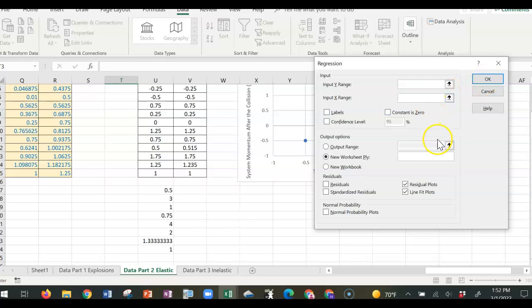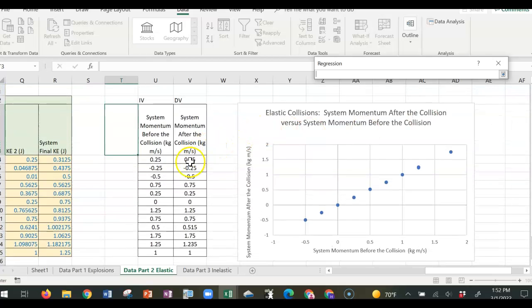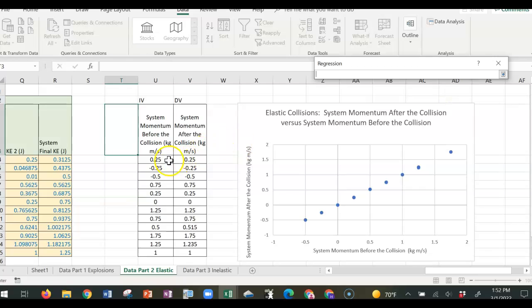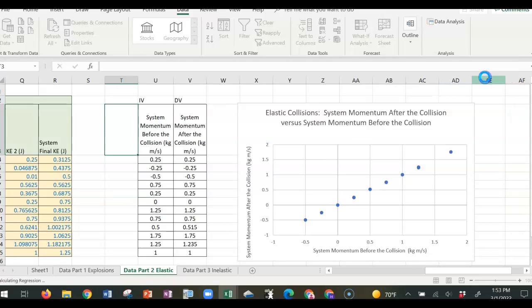I want to first give it the y values, which is the momentum after the collision. And then I give it the x values, which is the momentum before the collision. I want to make sure residual plots and line fit plots are selected, and I'll say OK.